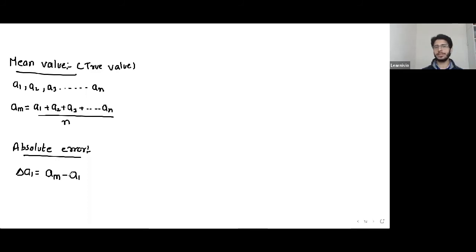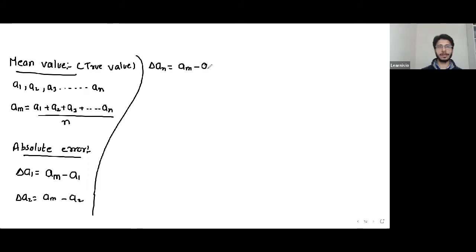So the absolute error in the first quantity is Am minus A1. Absolute error in the second quantity is Am minus A2. The nth quantity is Am minus An. That's absolute error.